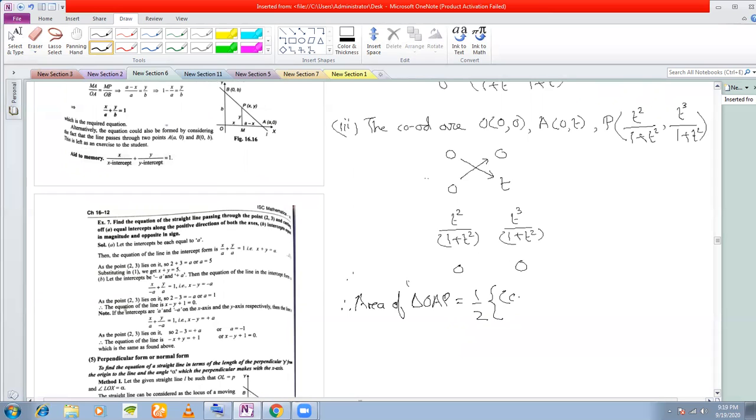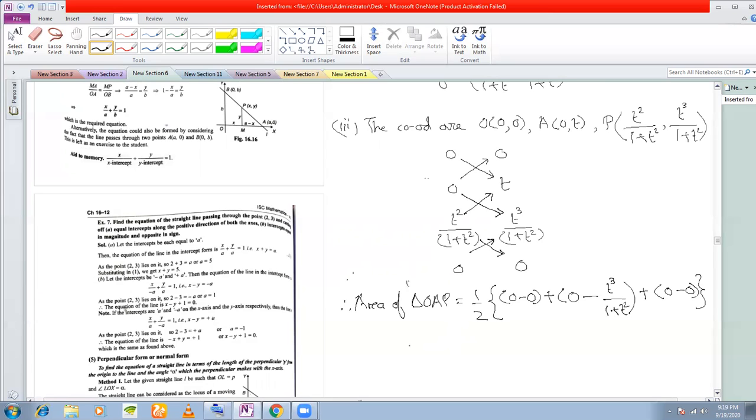First 0 minus 0 as I showed you above. Next you multiply these two, you get t into t square by 1 plus t square, which gives t cube by 1 plus t square. Then again a plus, and you multiply these two, you get a 0, and then you multiply these two, you again get a 0.